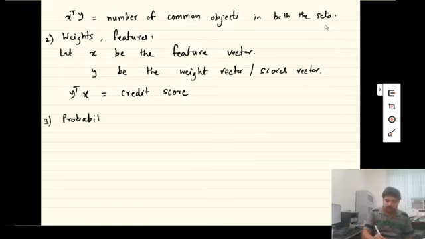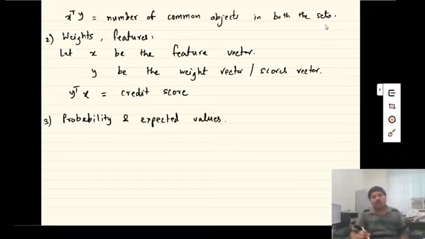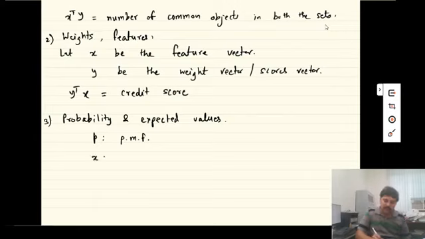The third example is something that anybody who took the PropStat course from me would have learned. Vector P is a probability mass function, and vector X is the values of the quantity at the PMF points.